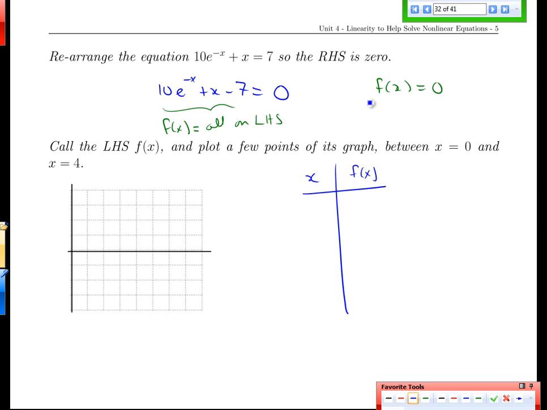Graphically, what we're looking for is where the function crosses the x-axis, or when its y value equals 0. So if we plug in some values like 1, 2, and 3 here, we can get a number of y values that go with that. Just plug these in, round it a little bit for simplicity.